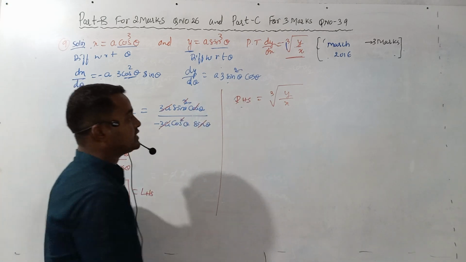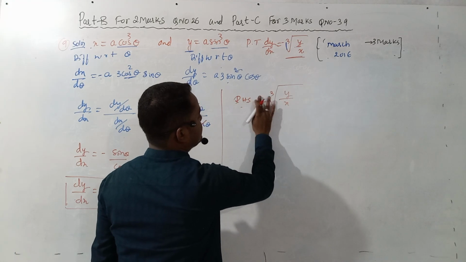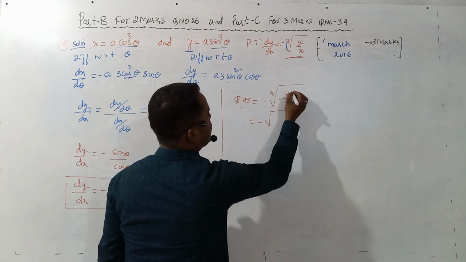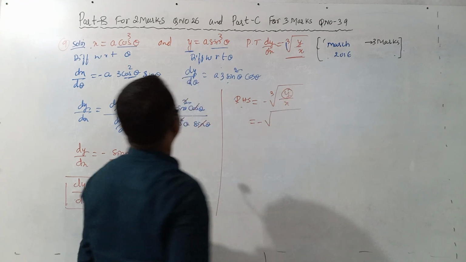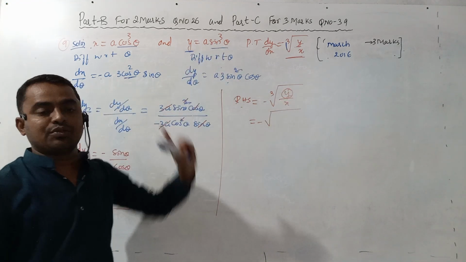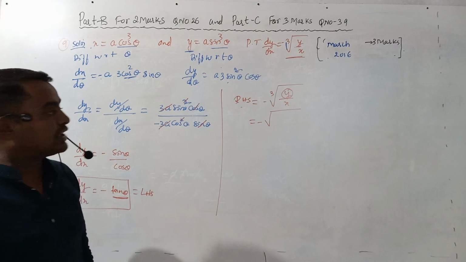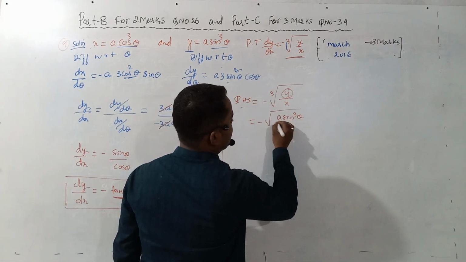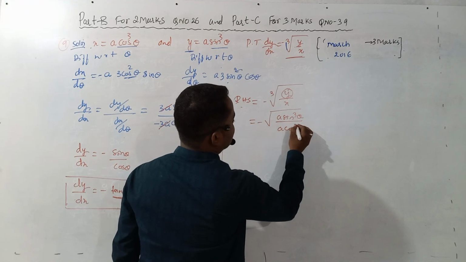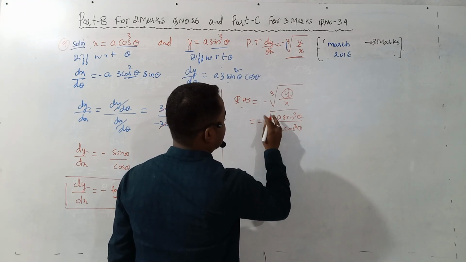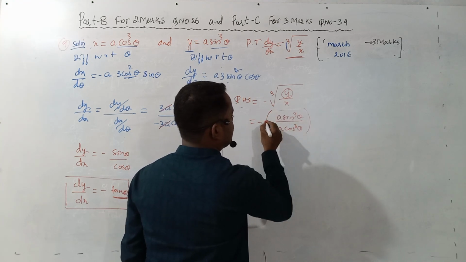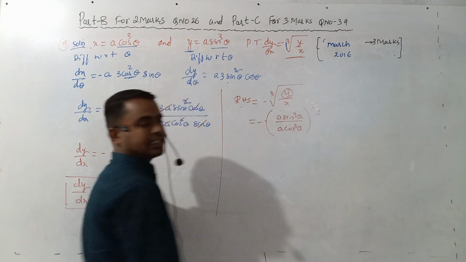RHS is minus cube root of y by x. Here y is a sin cube theta, divided by a cos cube theta. The cube root can be written as the power 1 by 3.